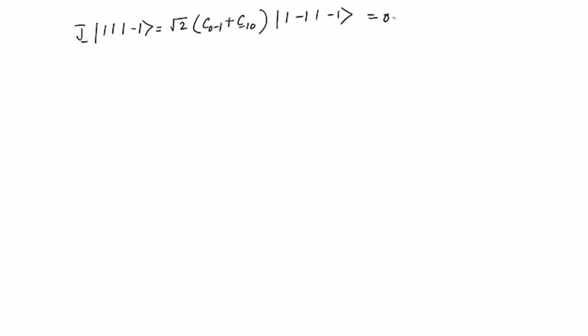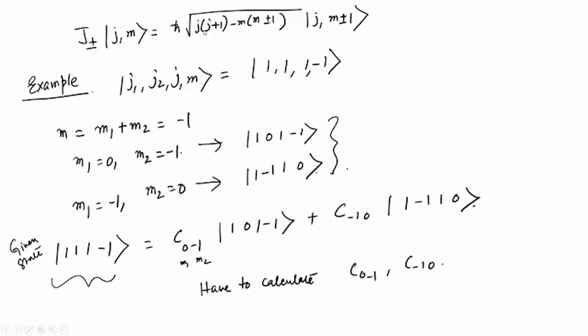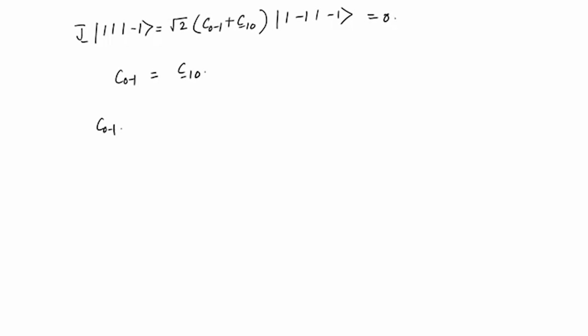If you put this equal to 0, then you have C 0 minus 1 equal to minus C minus 1 0, and this root 2 comes from that square root that you have here. Okay. So, this tells you that these Clebsch-Gordan coefficients, C 0 minus 1 equal to 1 by root 2, equal to minus C minus 1 0, and so on.